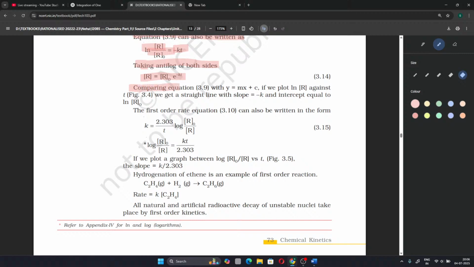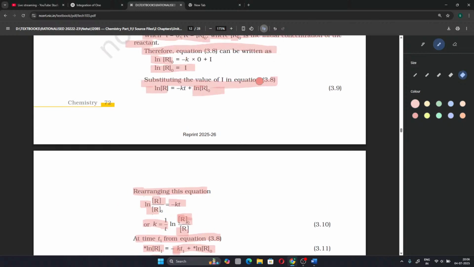Comparing equation 3.9 with the straight line equation y equals mx plus c, here instead of the direct concentration of the reactant as in the zero order reaction, for the first order reaction we take the ln of r versus time graph.